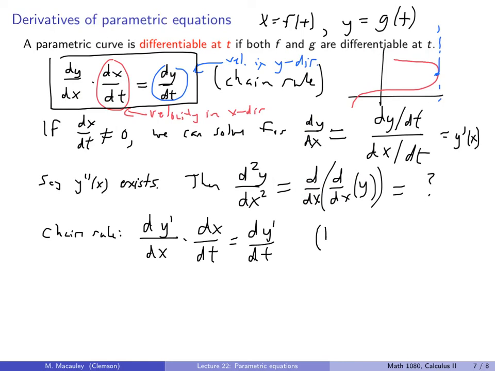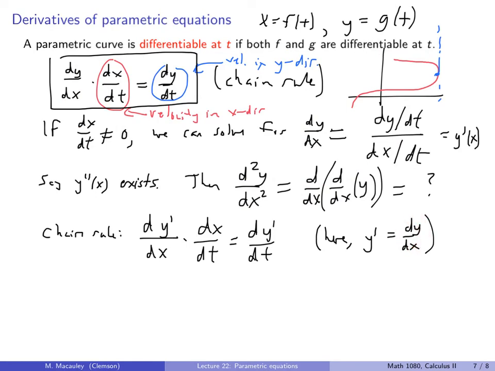Here, I should say that y prime is dy/dx. I have to be careful because I've also talked about a dy/dt in here as well, so by y prime, this is just short for dy/dx.